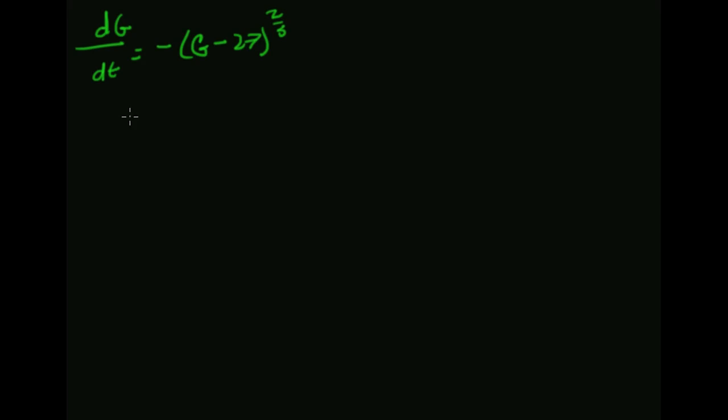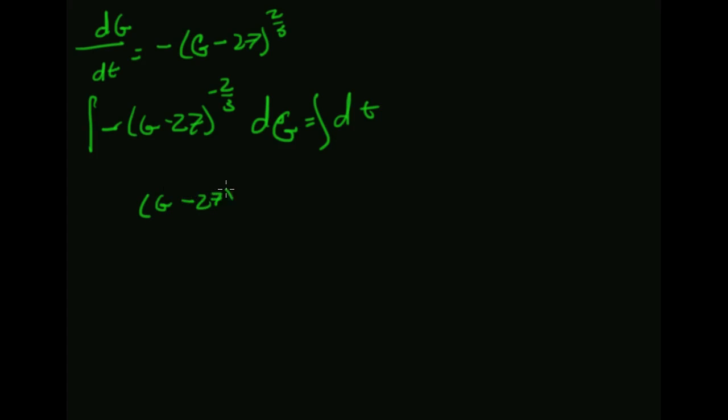So if you play out the separation of variables here, you're going to get negative (G minus 27) to the negative 2/3 dG is equal to dt. And then we just integrate both sides. All right, so we're going to get G minus 27 here, and this is going to go to the 1/3. So I need a 3 there. The derivative of the inside is 1, so that helps me. T plus C.